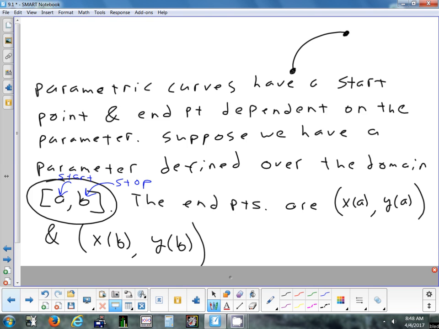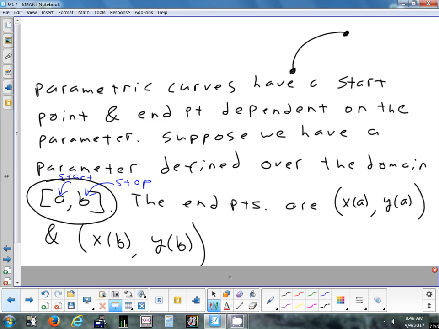And then to find where it stops, you're going to do two more calculations. You're going to look at the formula for the x's again, but this time you're going to plug in a different number. You're going to plug in b into the formula for your x's. And then to find the y value, you're going to take b and you're going to plug it into the formula for the y's.